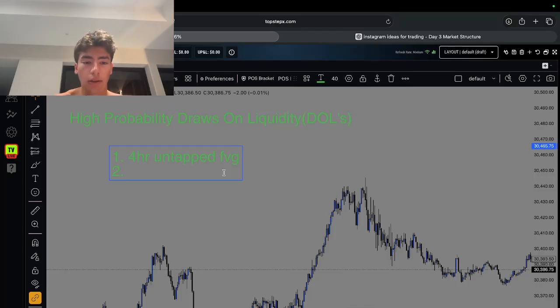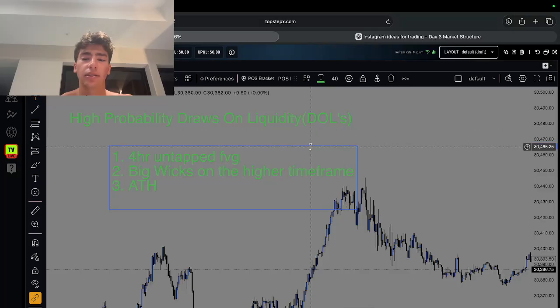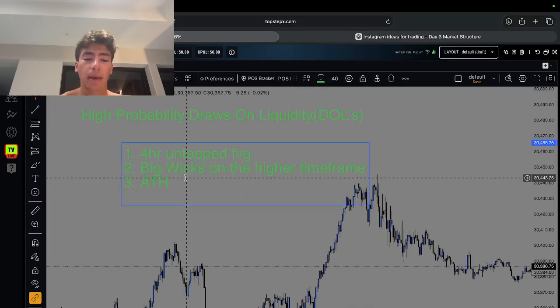I also like to target big wicks on the higher time frame, right? Number 3 is going to be all-time high. These are in no particular order, right? These are all high probability, so they're all great magnets in the market.